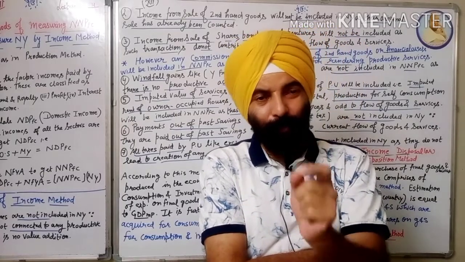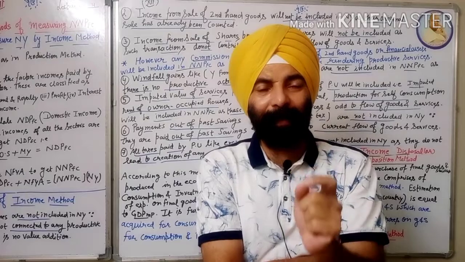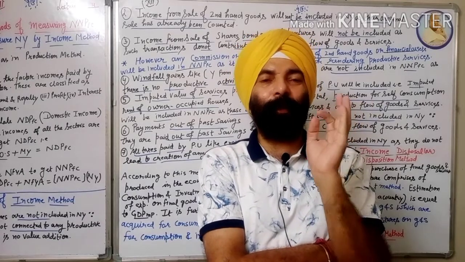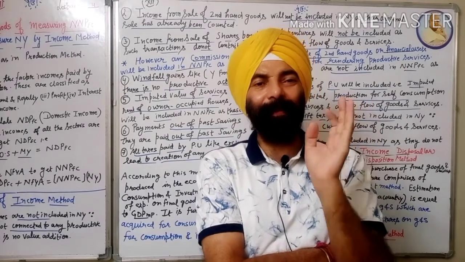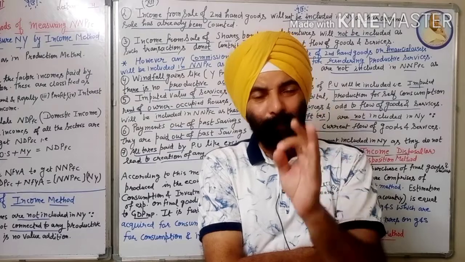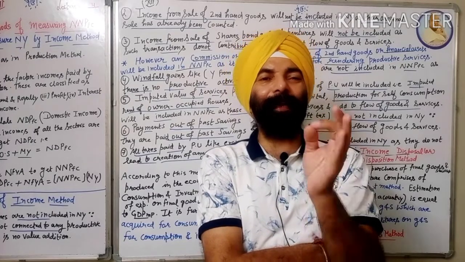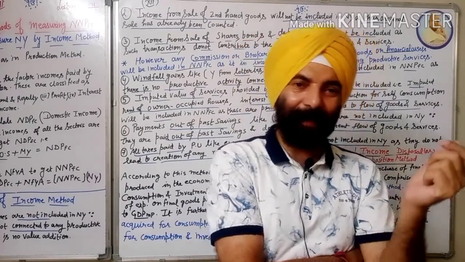Today we are going to introduce only the final expenditure method, or we call it expenditure method, or we call it income disposition method, or we call it income disposal method. Let's start and introduce it.